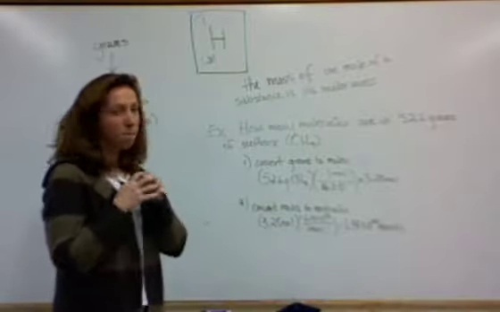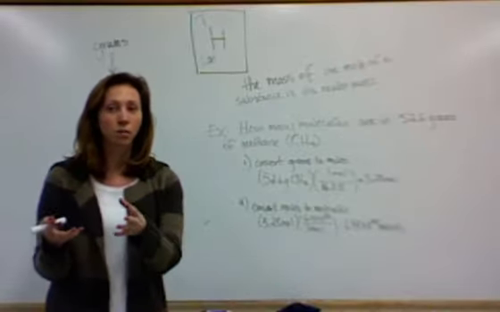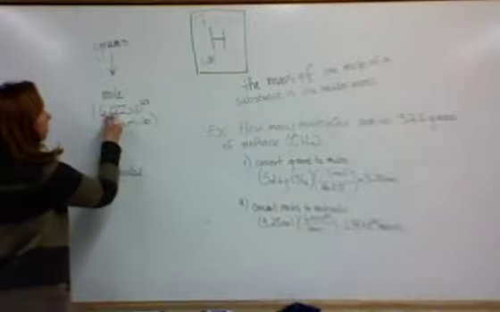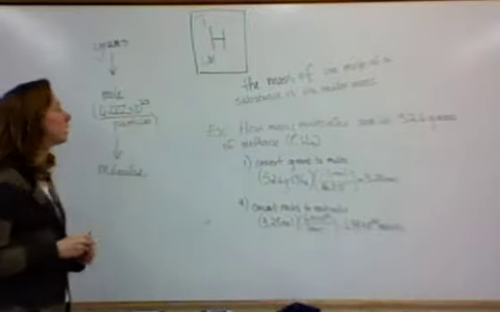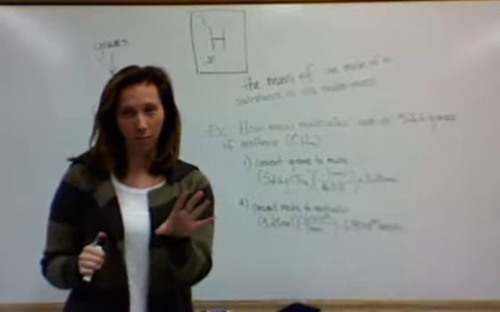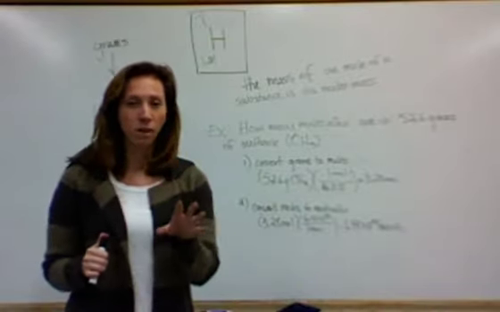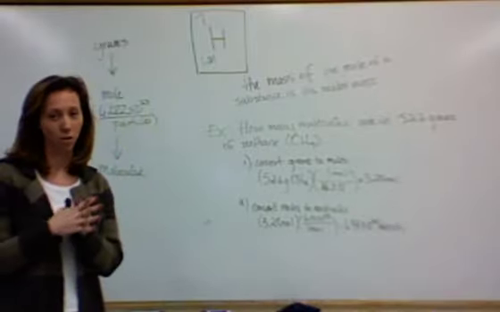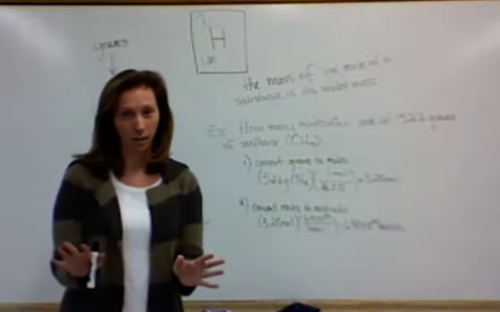That mass, 12.01 grams of carbon atoms, is equal to this magic number, 6.022 times 10 to the 23rd particles. So any molar mass on the periodic table represents 6.022 times 10 to the 23rd particles of that element.